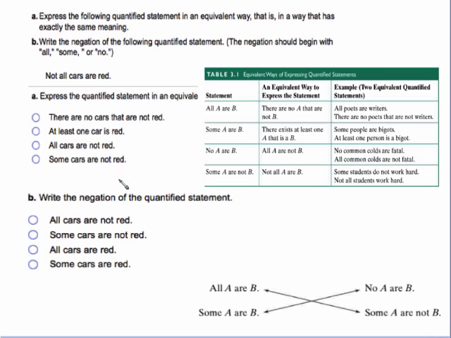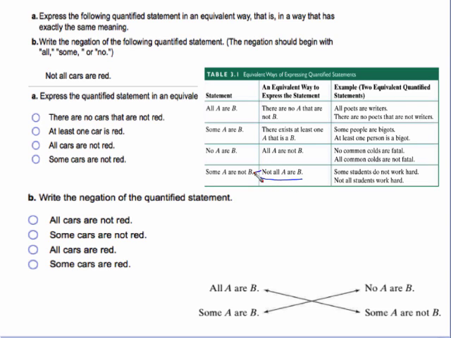Now you're going to have to do both on this one. This first asks you to come up with an equivalent statement. It says not all cars are red. So I look here, I don't see a not all, but remember these are equivalent right here. Here's my not all. Not all A are B. So that's one statement.